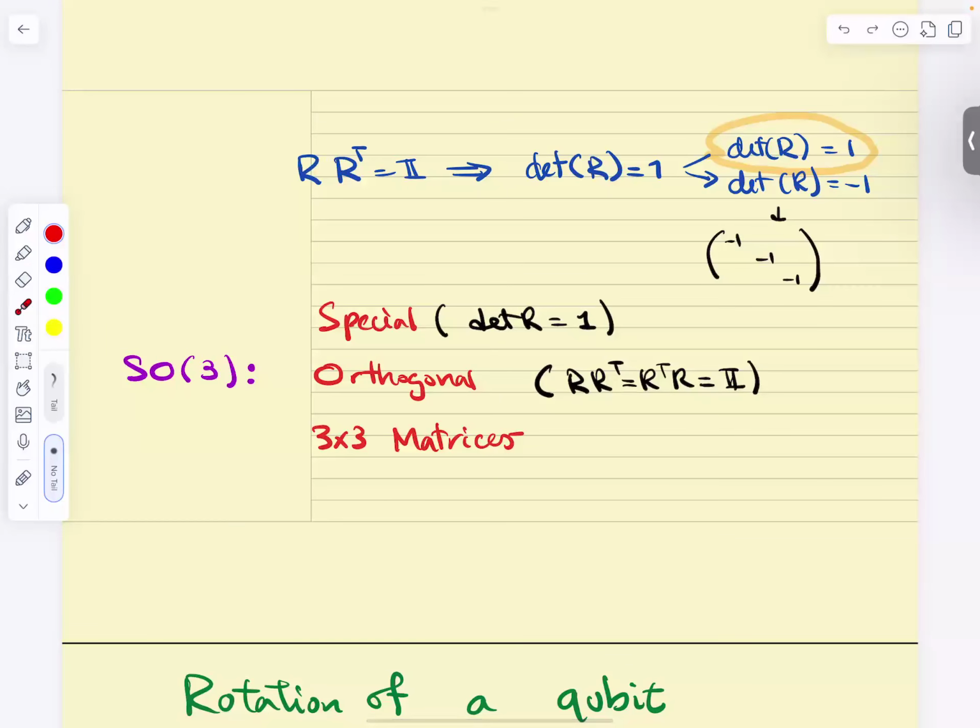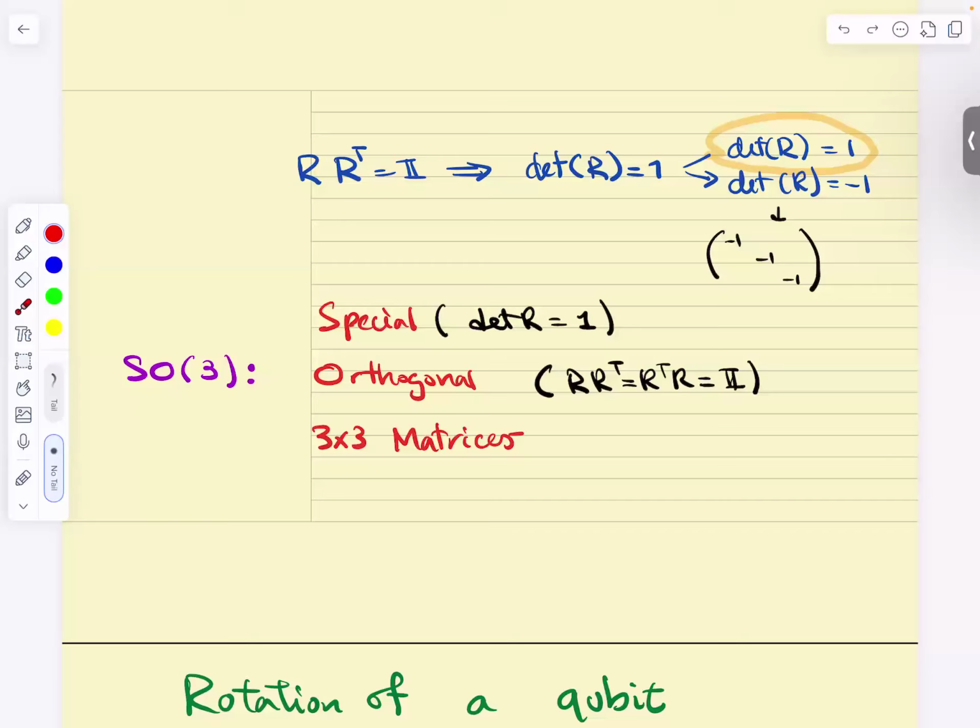R transpose R equal to 1 tells you that the determinant of R squared is 1. Why is that? Well, R transpose R is equal to identity.